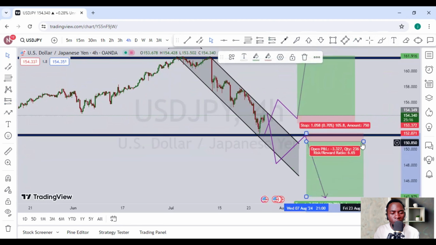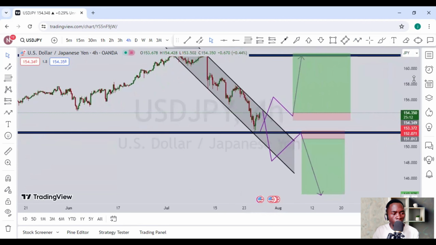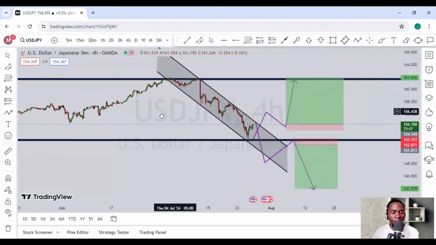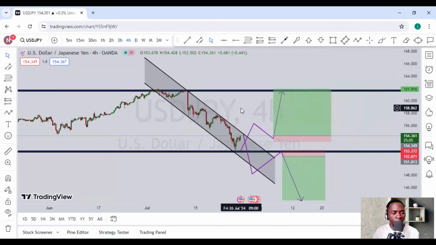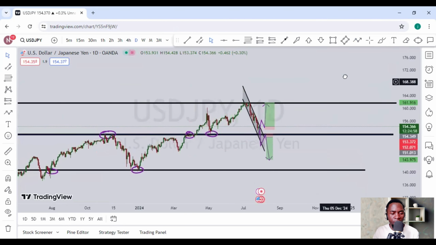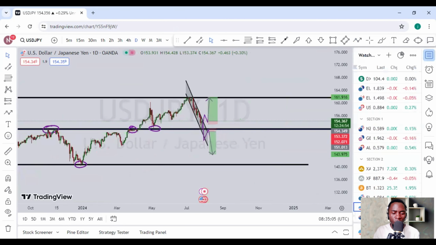Then you can run your trade to the downside. So those are the two confluences that I'm expecting on USD JPY. So let's wait and see what the market will give us, then we will know what to take from there.